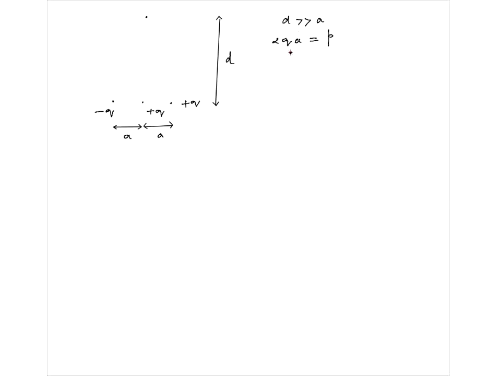These things are given. Then what is the magnitude of the field at this point, which is just above plus Q? It's a straight line. This line makes 90-degree angle with this.